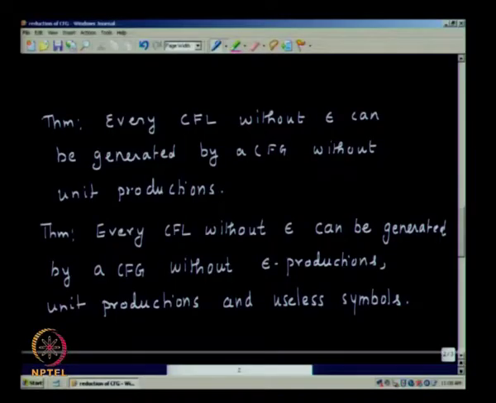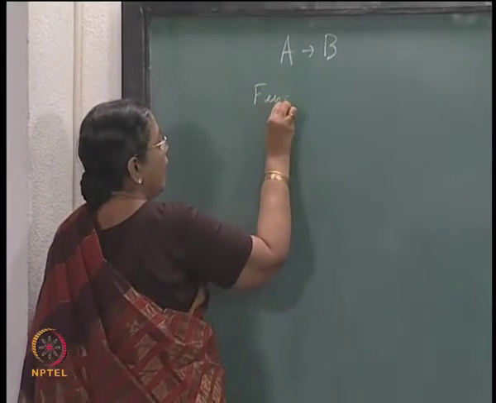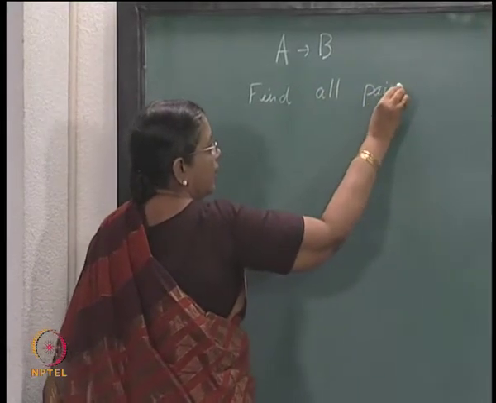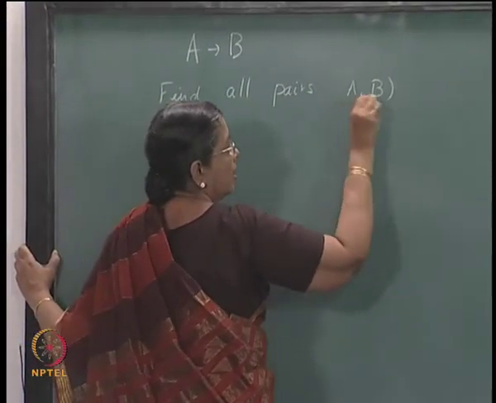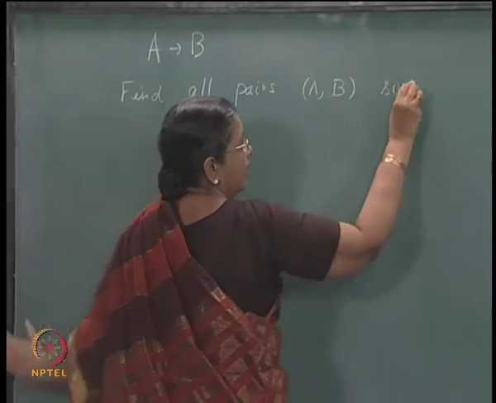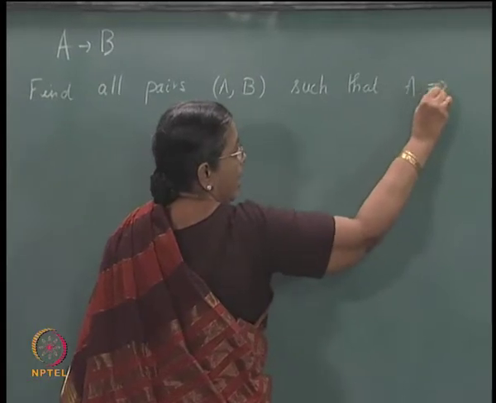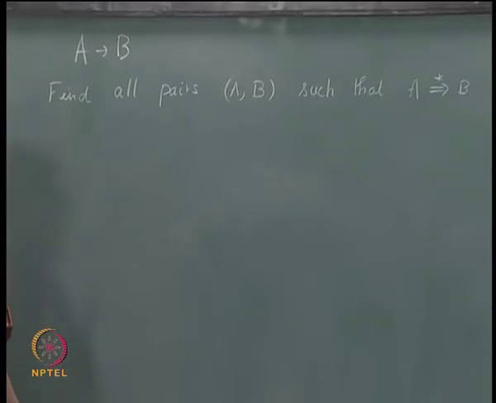So, how to remove these unit productions? First of all, you must find all pairs A, B such that from A you can go to B, need not be in one step, but in many steps.